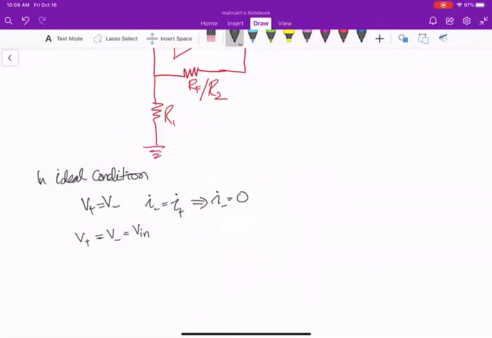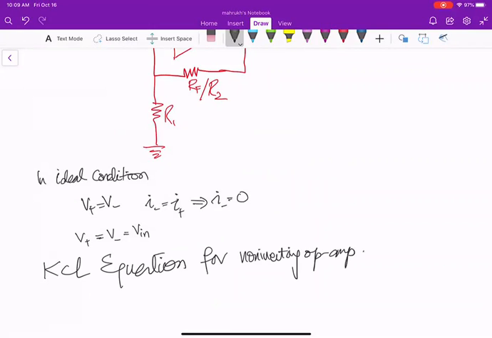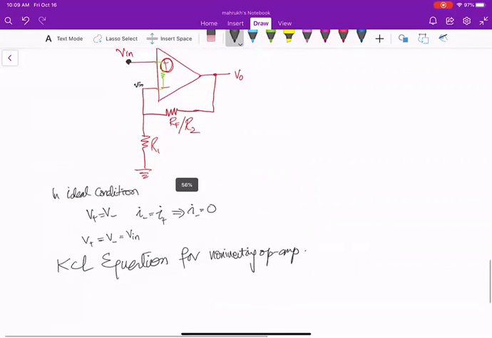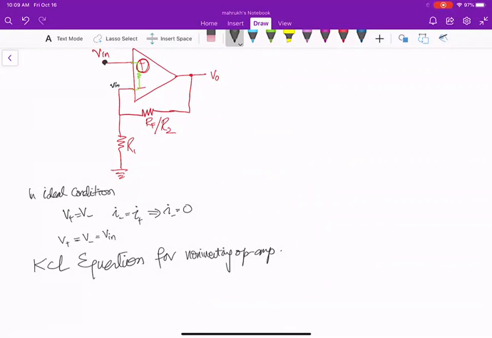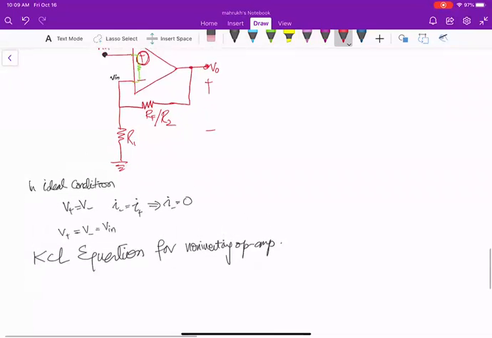So let's write the KCL equation. I can just write it: V in by R1 plus V in minus V naught by R2 is equal to 0, right?